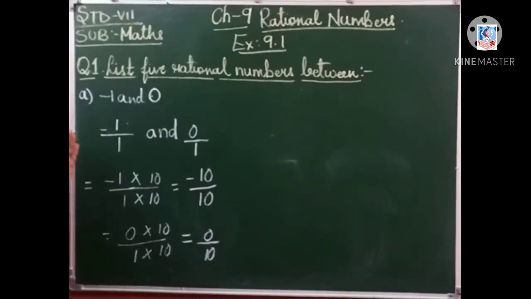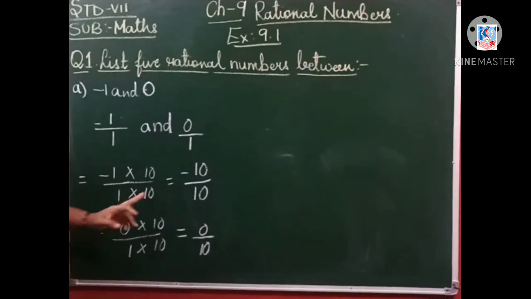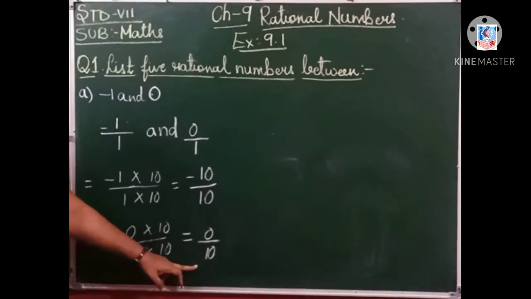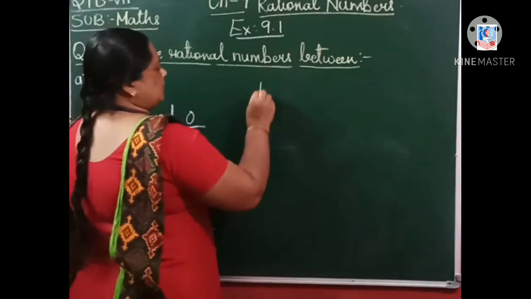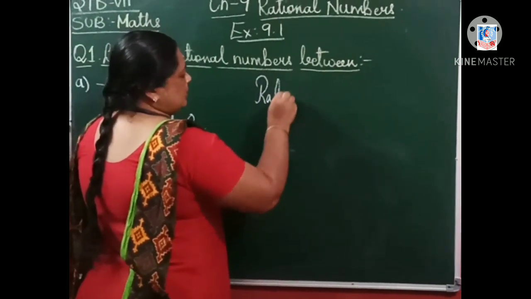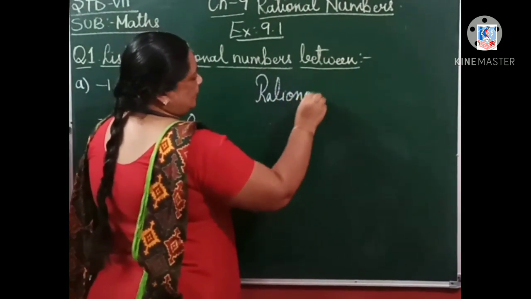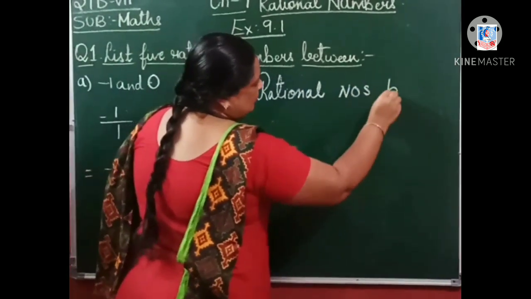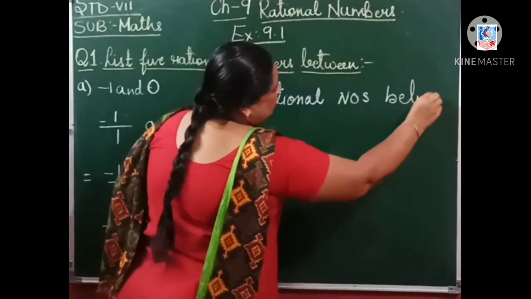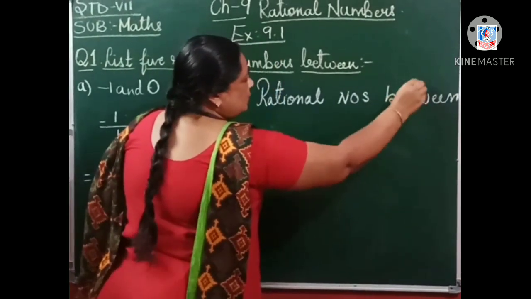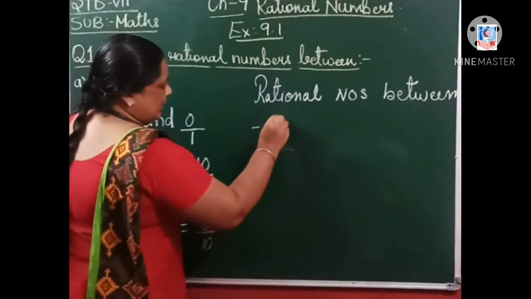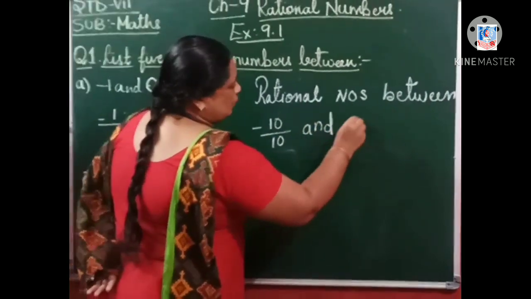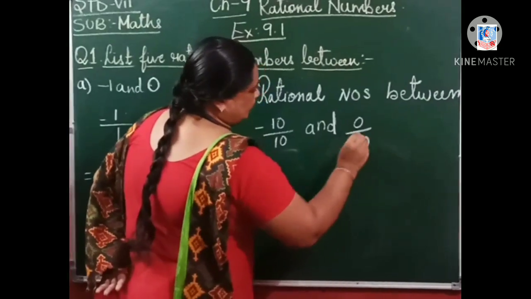Now we have to write the rational numbers between -10 by 10 and 0 by 10.